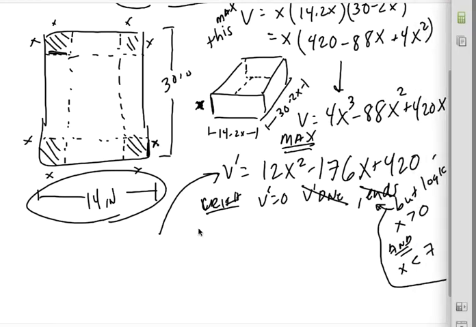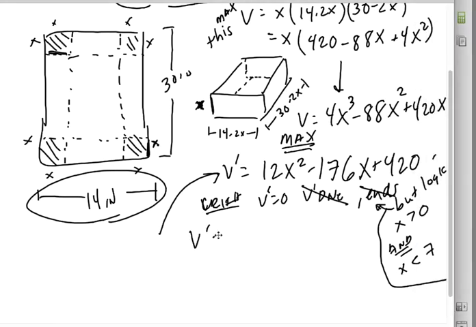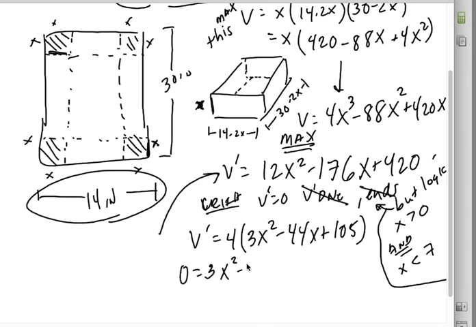I'm going to take a 4 out and see what happens. If I do, I get a 3x squared minus a 44x plus 105, right? Which still isn't super awesome, but at least now I know that I could set this equal to 0, and that's slightly better.